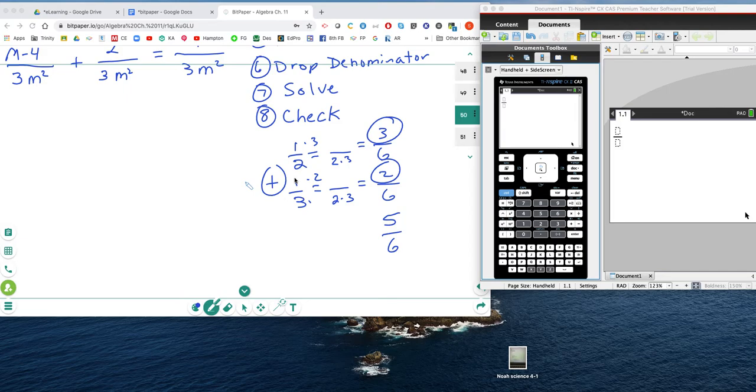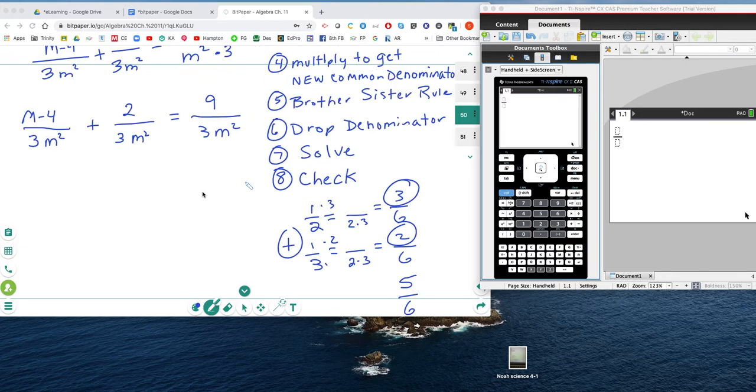So it really doesn't matter what the denominator is because I'm doing the math operation to the numerator. So with our rational fractions, step 6 is we're just going to drop the denominator because we don't need it. So our new problem is going to be m minus 4 plus 2 is equal to 9.